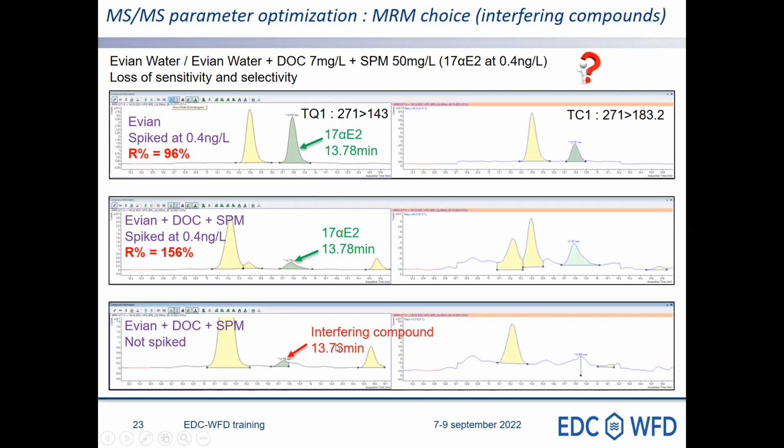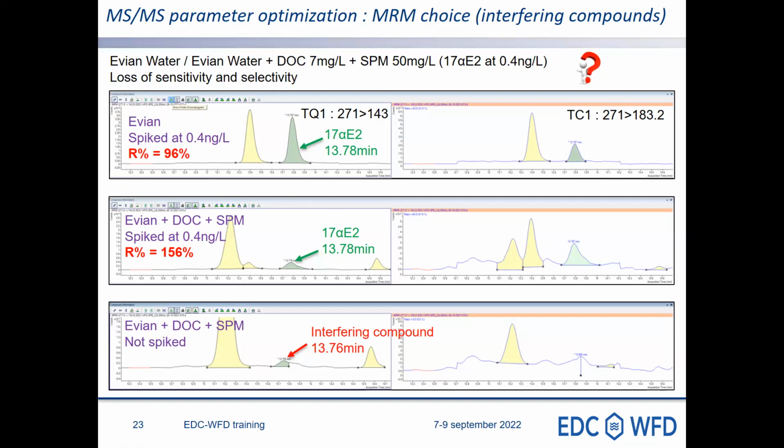You have here the evidence of important interfering compounds in the matrix. When you would like to go to such a low level of concentration, the selection of the transition becomes critical. You can have interference that you will not see at an upper level of concentration. So really be cautious and optimize at the lowest level of concentration.